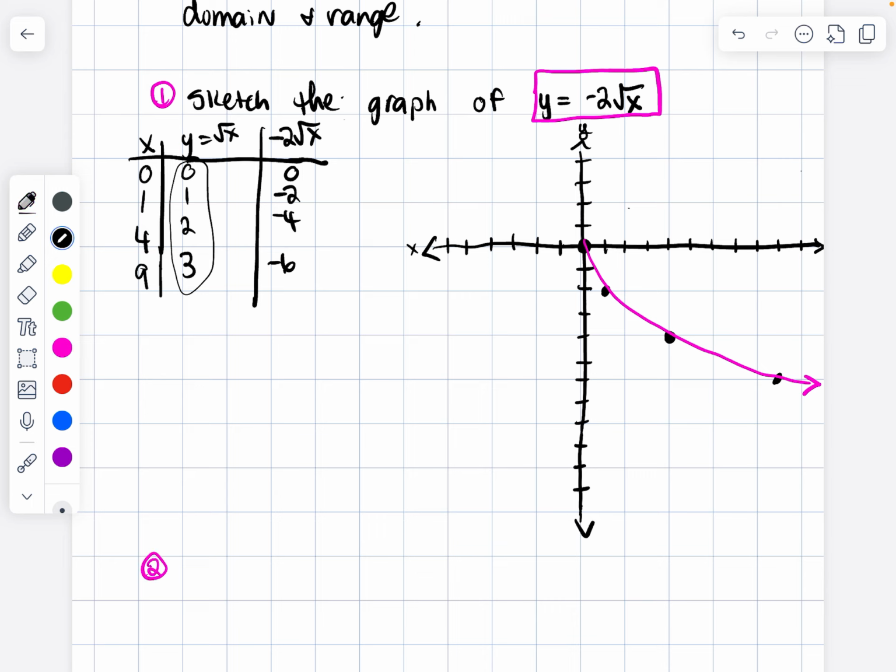So next we're going to translate the graph horizontally h units and vertically k units.